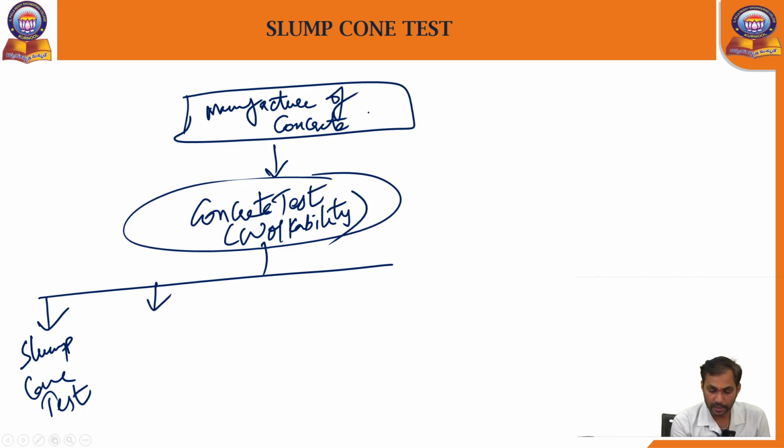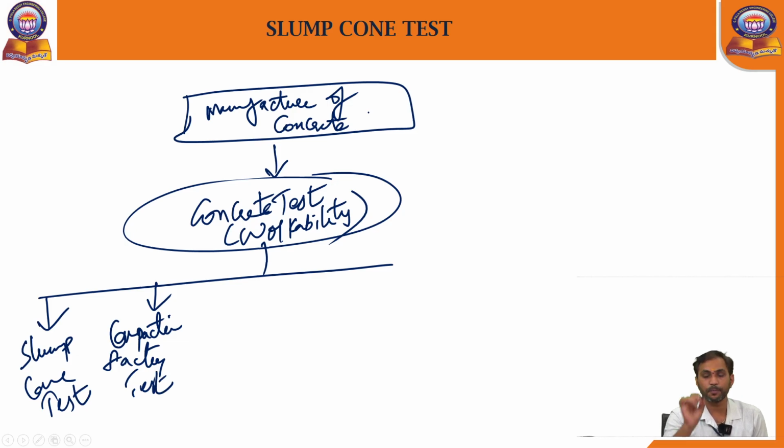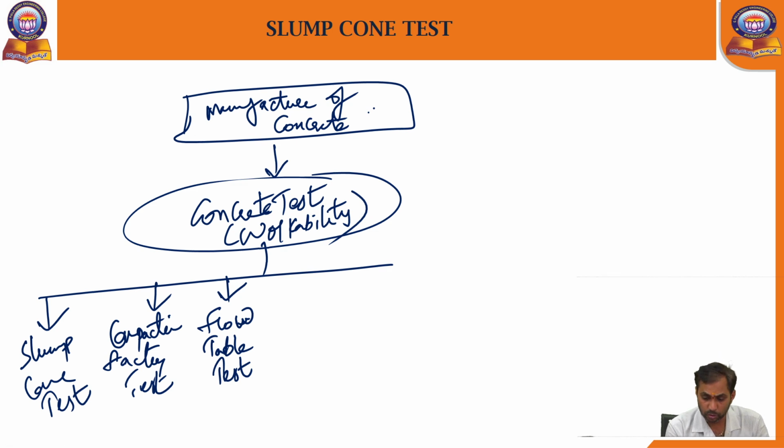If you are going to conduct the compaction factor test, first you have to prepare the manufacture of concrete. If you are going to conduct the flow table test, first you have to prepare the manufacturing of concrete, whatever it may be.